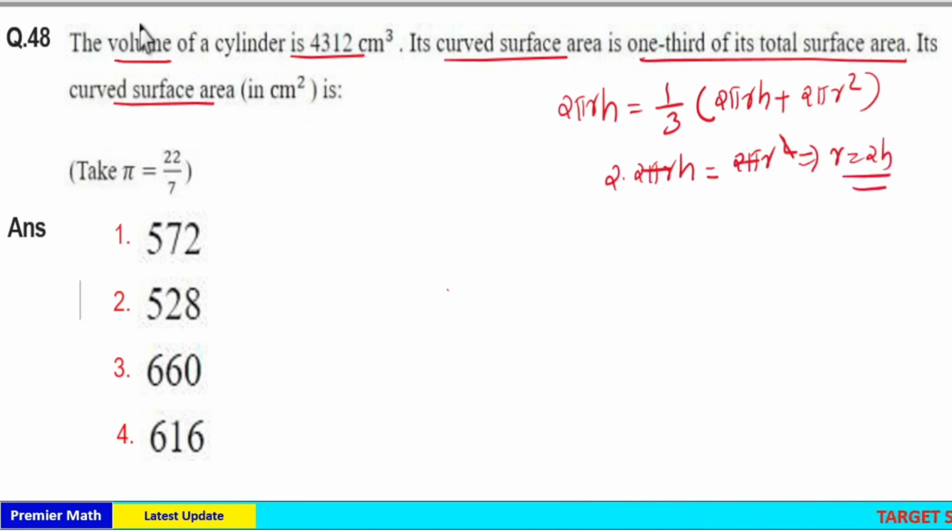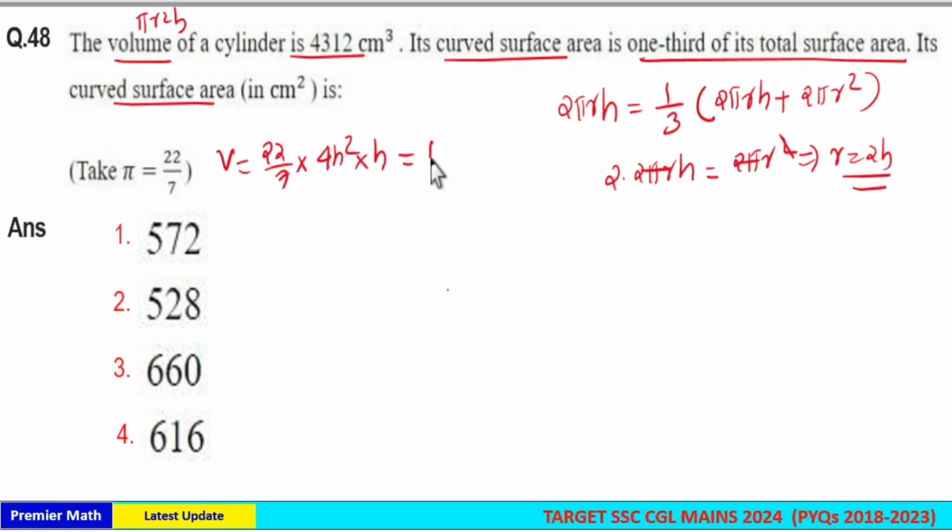Volume is equal to pi R square H. So here volume is 22 by 7 into R square is 4H square into H, which is equal to 4312 given in the question. Now here 22 into 4 is 88.